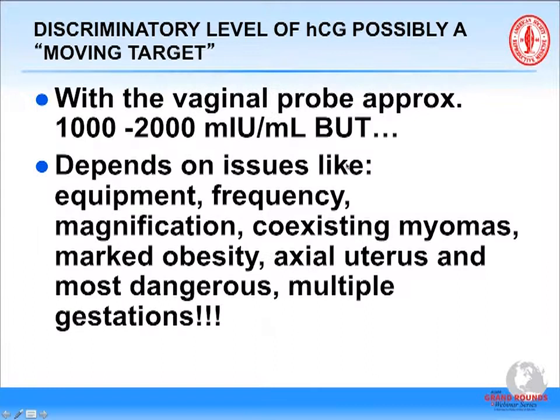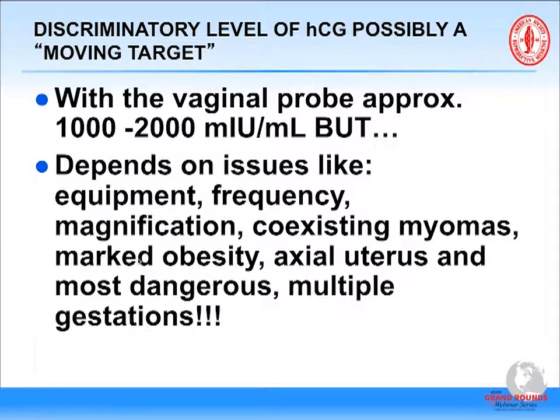And this is going to depend on issues like the equipment you use, the frequency. I hope you all know higher frequency, better resolution, less penetration. The degree of magnification. Are there coexisting myomas? Is mom markedly obese? We all know about the panniculus and it attenuates sound, but the entire peritoneal cavity is surrounded by fat.